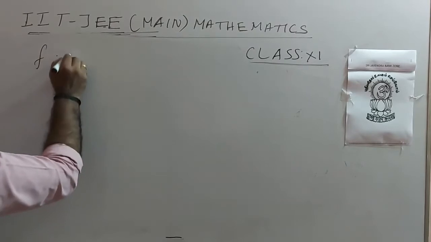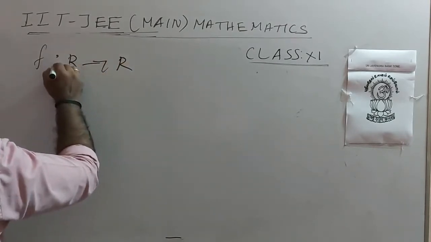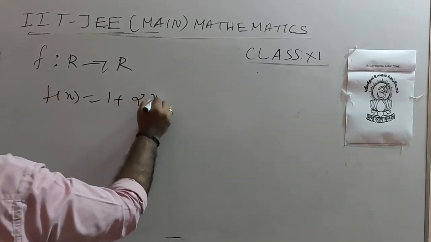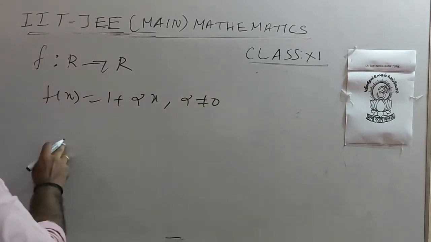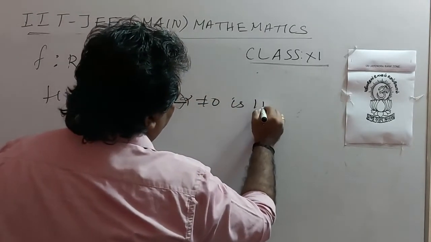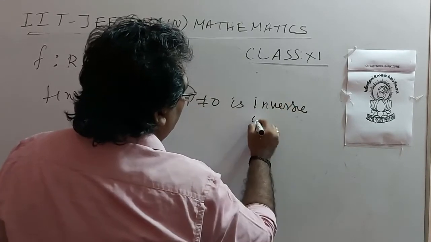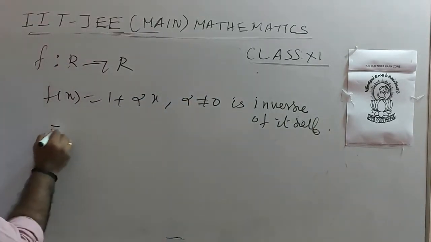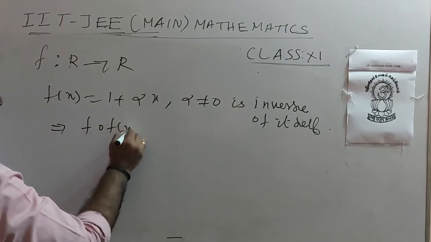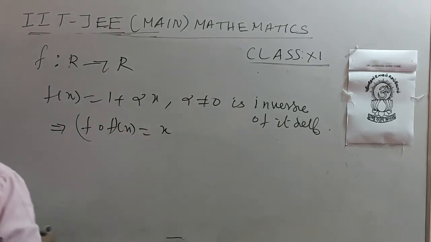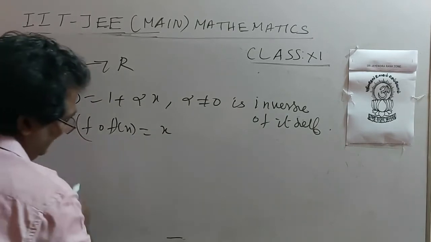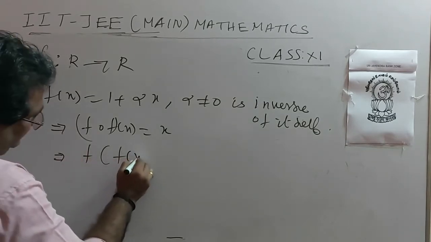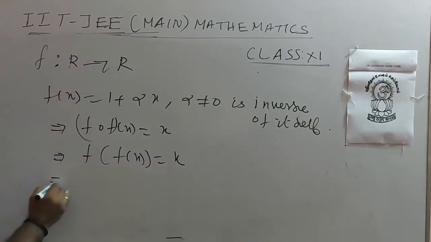So f is a function from R to R and f of x is defined as 1 plus alpha x, alpha not equal to 0. f of x is the inverse of itself. That means f of f of x equals x.